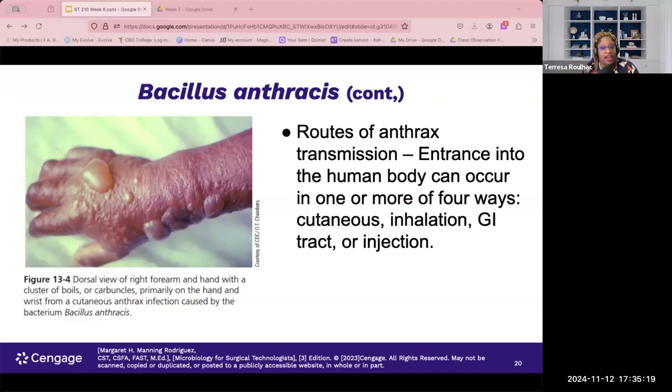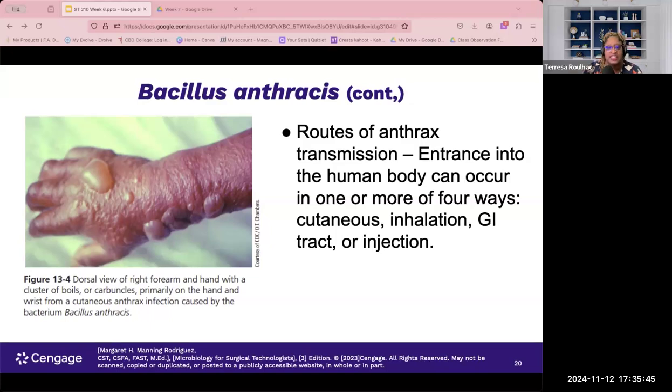The crazy part is you have some painless bumps appear 1 to 7 days after you've been exposed. The bump turns into an ulcer with a necrotic, meaning dead tissue, center. The infection most commonly affects the head, the neck, the forearms, and the hands, because you've got to think, you're touching it with your hands. A lot of times we touch our head, we touch our neck, and the outcome is crazy.